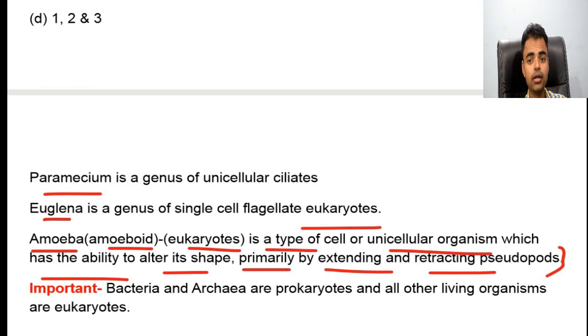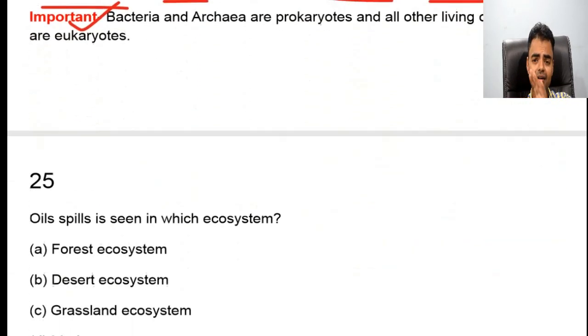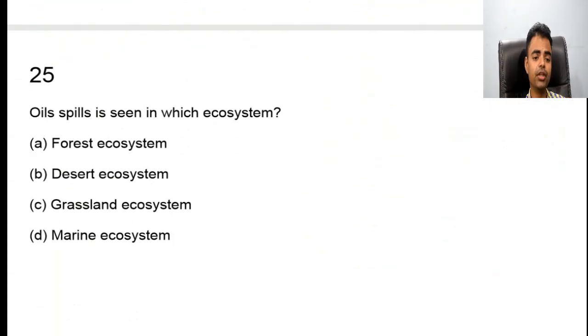Euglena is also a eukaryote. Now an important point we need to remember is that bacteria and archaea are prokaryotes, but other living organisms are eukaryotes. So when you learn about plant cells, you will also come to know about the eukaryotic cell and the prokaryotic cell. Also there are two most important cell divisions, mitosis and meiosis. These are also important in biology.